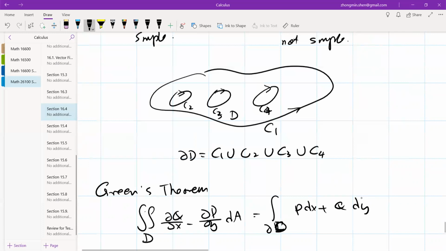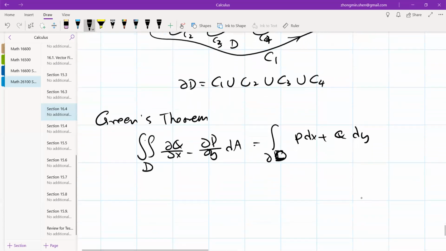If the domain has no hole, then the most important application of this theorem is: if inside D, which has no hole, the difference Q_x minus P_y is 0, then the vector field is conservative. So you can show that the vector field is conservative, and this is the most important application.